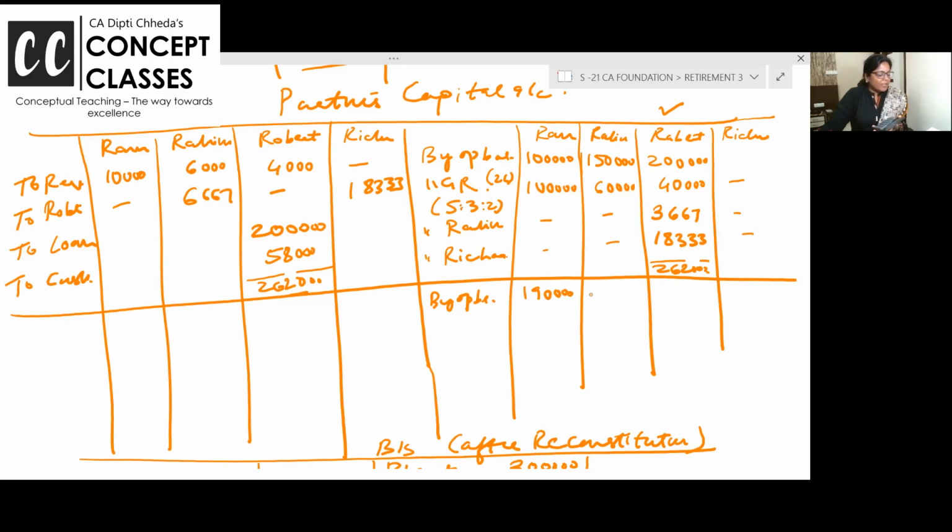Richard's capital should be equal to 50% of the combined capital of Ram and Rahim. And the combined capital, 1 second.